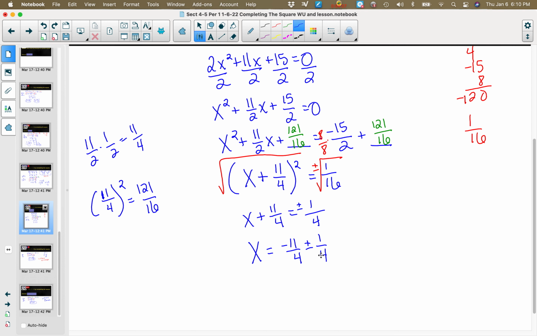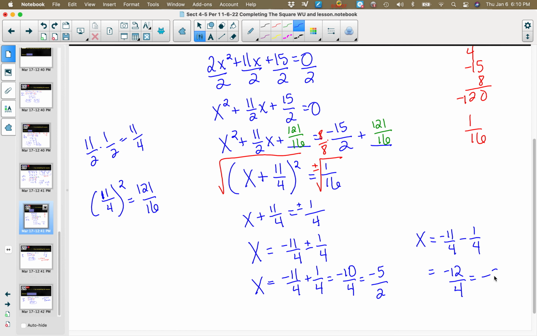Very conveniently, I have a common denominator already, so I get negative 11/4 plus 1/4, which is negative 10/4, and reduces to negative 5/2. So that's one of my answers. And the other answer is negative 11/4 minus 1/4, which gives me negative 12/4, which is negative 3. So those are my answers.